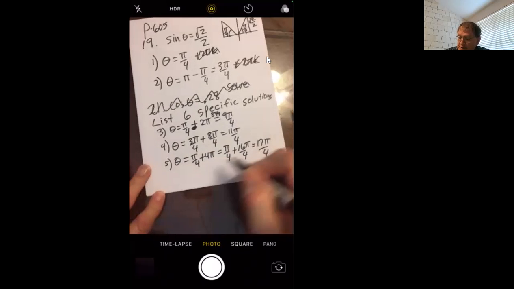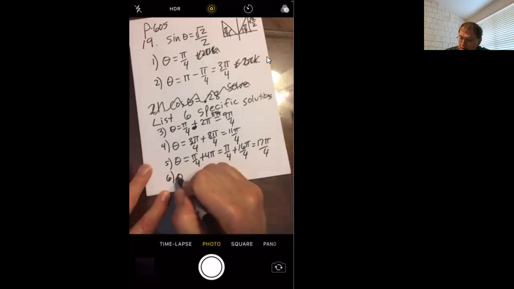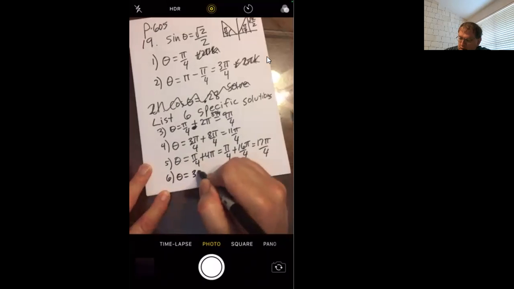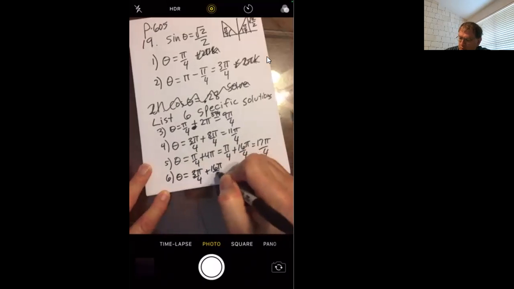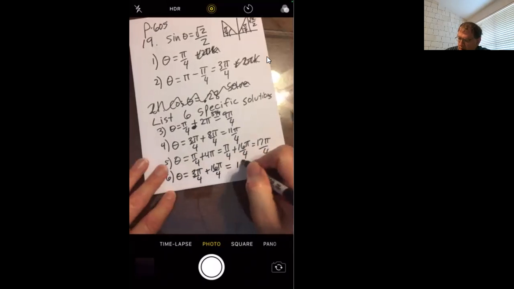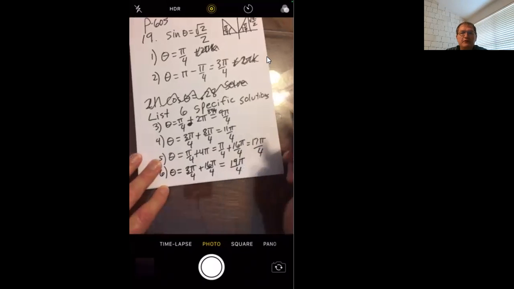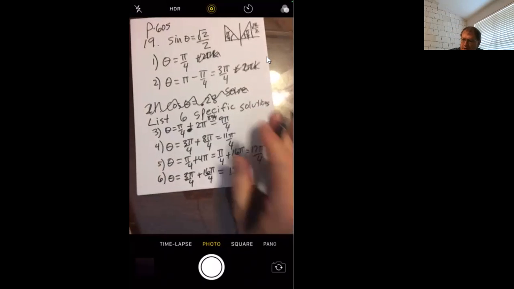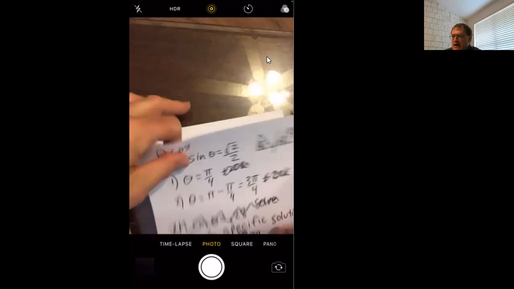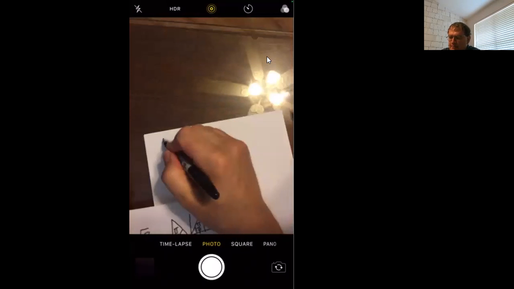And the sixth, 3 pi over 4, add 16 pi over 4, which is 4 pi, and you're at 19 pi over 4. And notice the 2 pi difference there. So if you spot the patterns, you pretty much can know what they are.